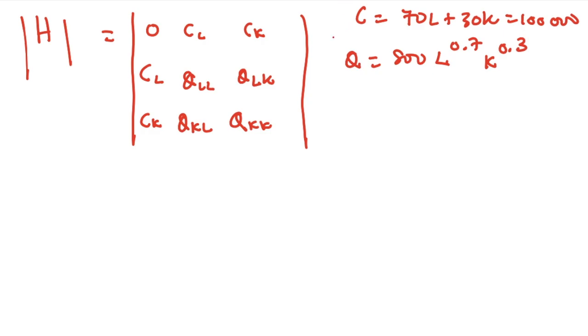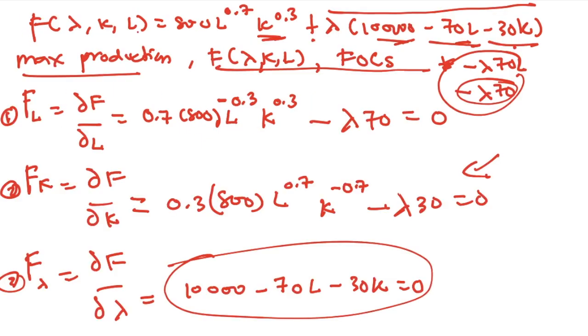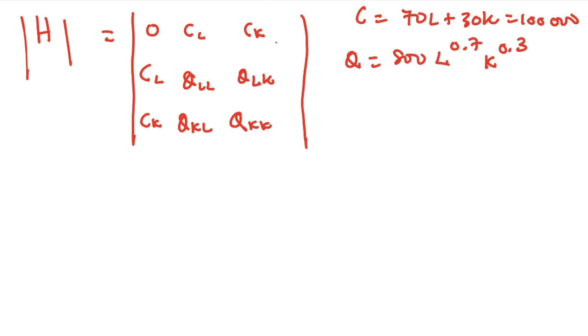You look here, most of the students made a silly mistake by getting CL here by differentiating the lambda equation 3 here. So that's why, instead of 70 for CL and 30 for CK, they got minus 70, minus 30. That's wrong, eh?